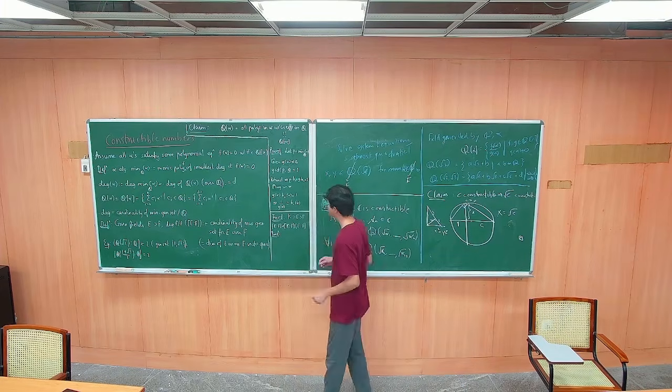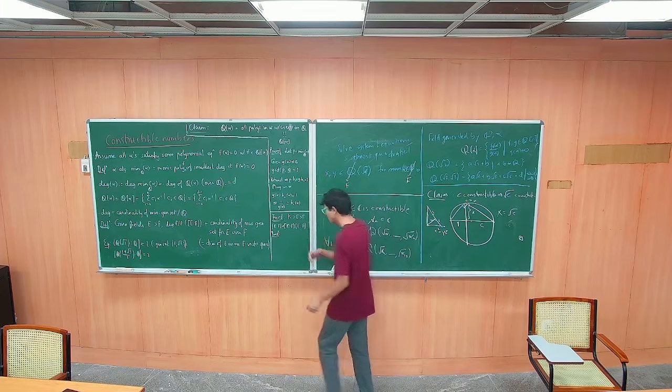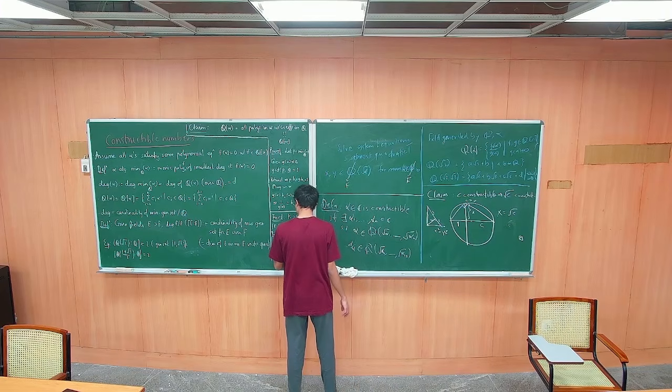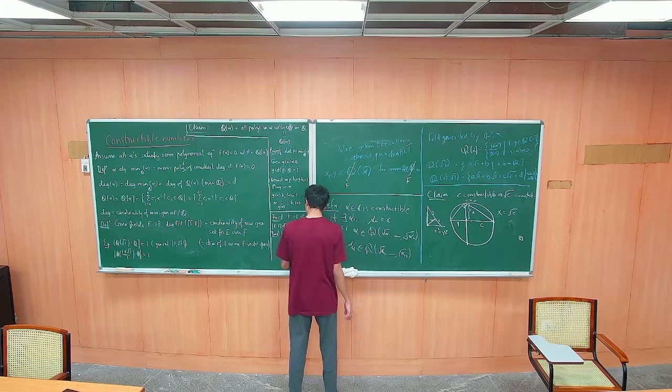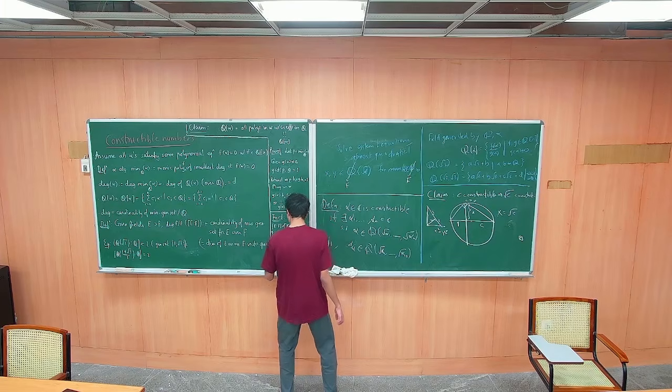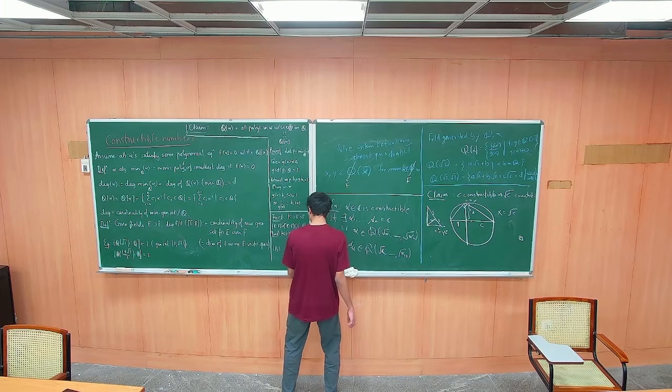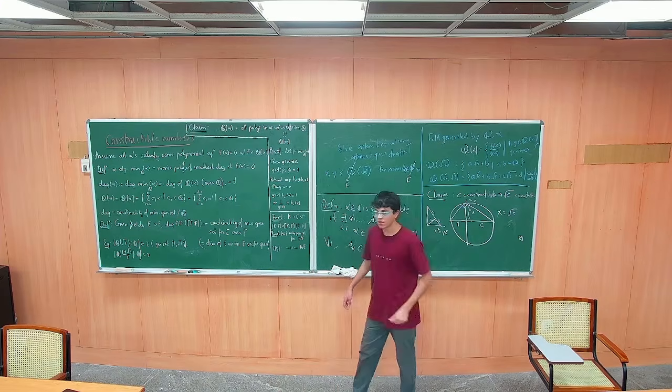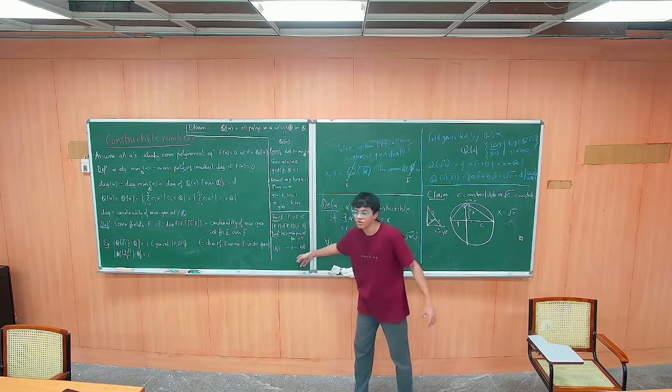So you take a minimal generating set for E over F. Call it alpha i. This is a minimal generating set for E over F. You take beta j to be again a minimal generating set for K over E. And the minimal generating set for K over F will be.